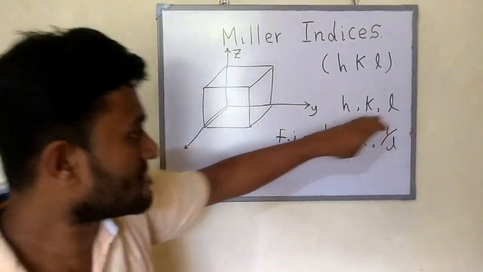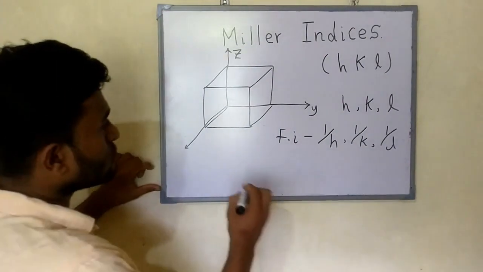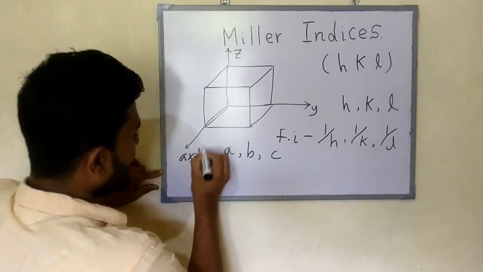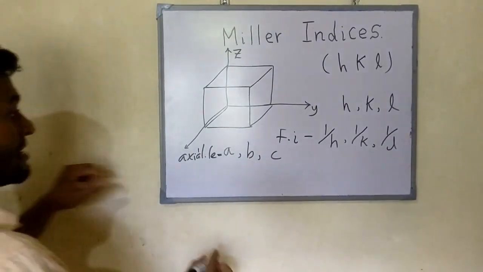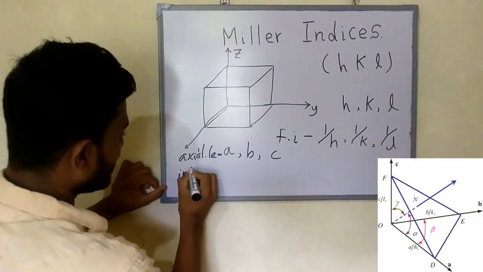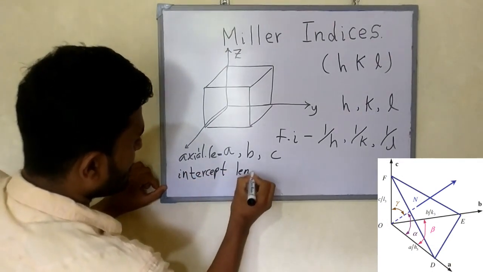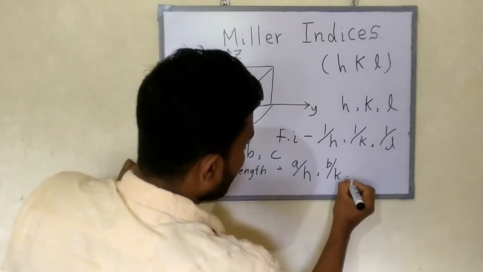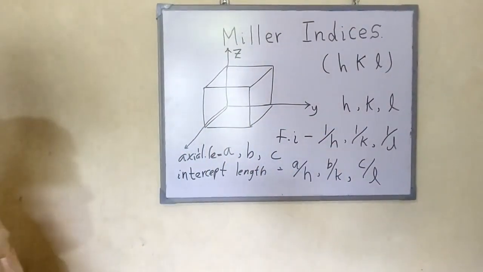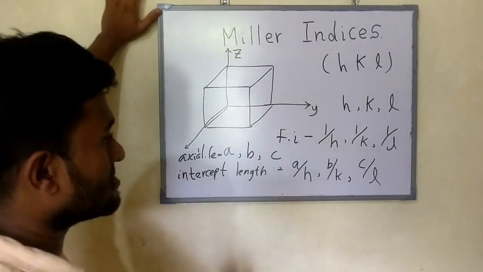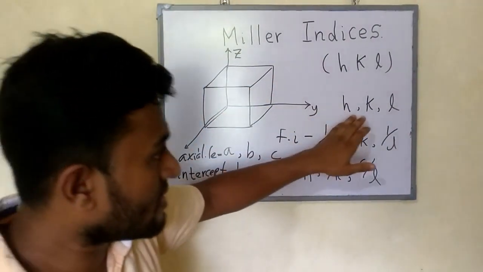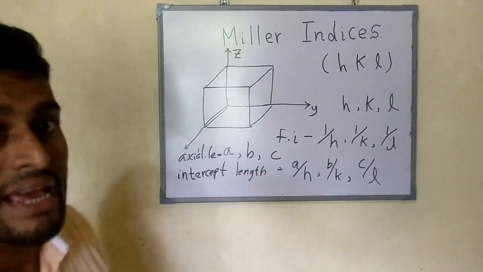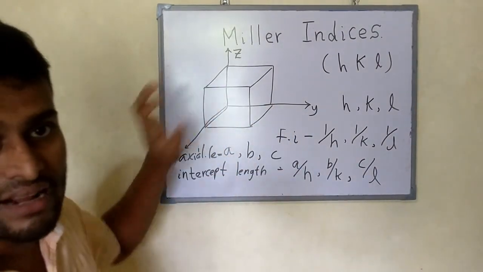If the axial lengths are a, b and c, then your intercept lengths will be a over H, b over K and c over L. If you are given such Miller indices, from that you can find the fractional intercept and also the intercept length by using the a, b and c terms.